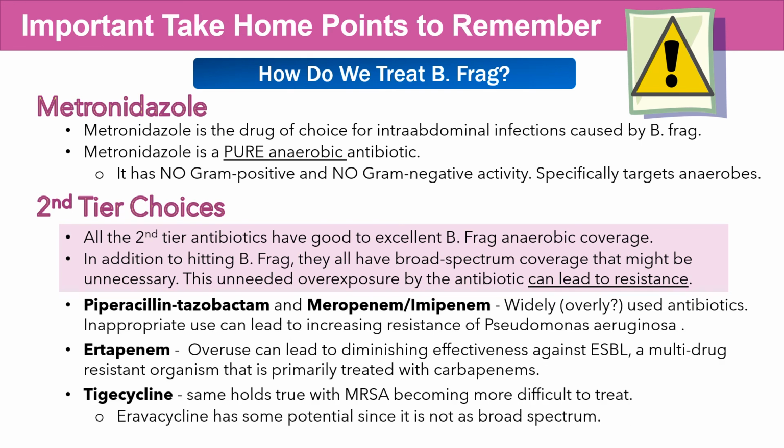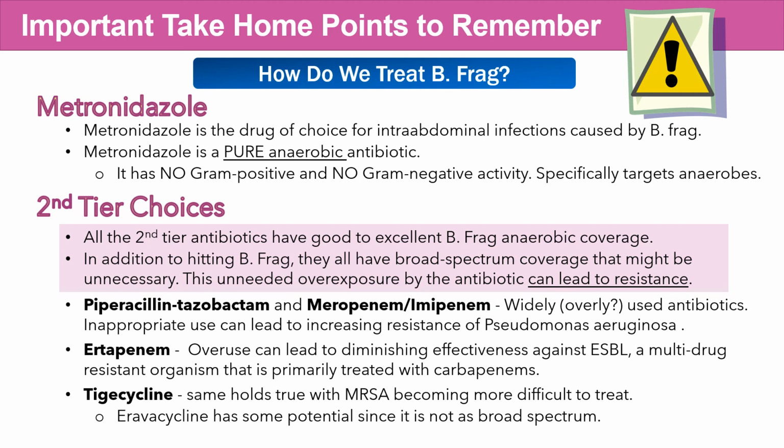Piperacillin, tazobactam, and meropenem, imipenem are widely and maybe overly used antibiotics. Inappropriate use can lead to an increase in resistance of Pseudomonas aeruginosa. Ertapenem, a carbapenem, overuse can lead to diminishing effectiveness against ESBL, which is a multi-drug resistant organism that's primarily treated with carbapenems.